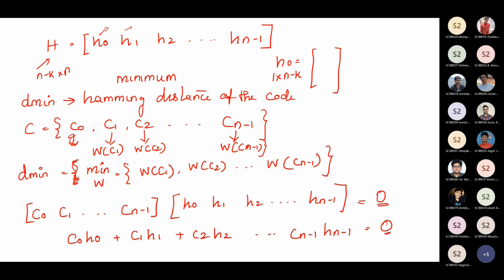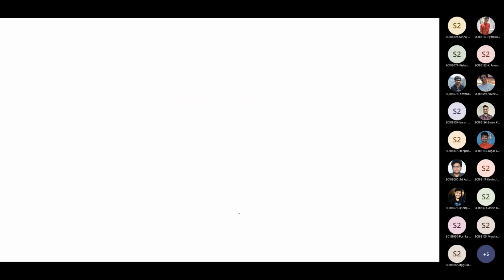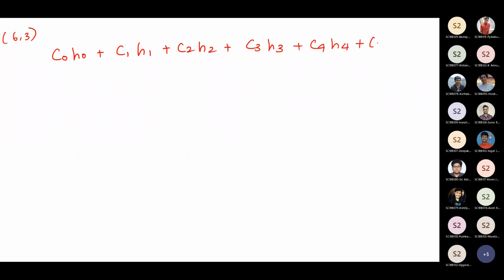Since the minimum number of ones present in the code word is d minimum or more than that, the number of H columns, so here we can make an assumption, that I will take (6,3). So C0 H0 plus C1 H1 plus C2 H2 plus C3 H3 plus C4 H4 plus C5 H5 will be equal to the 0 vector.